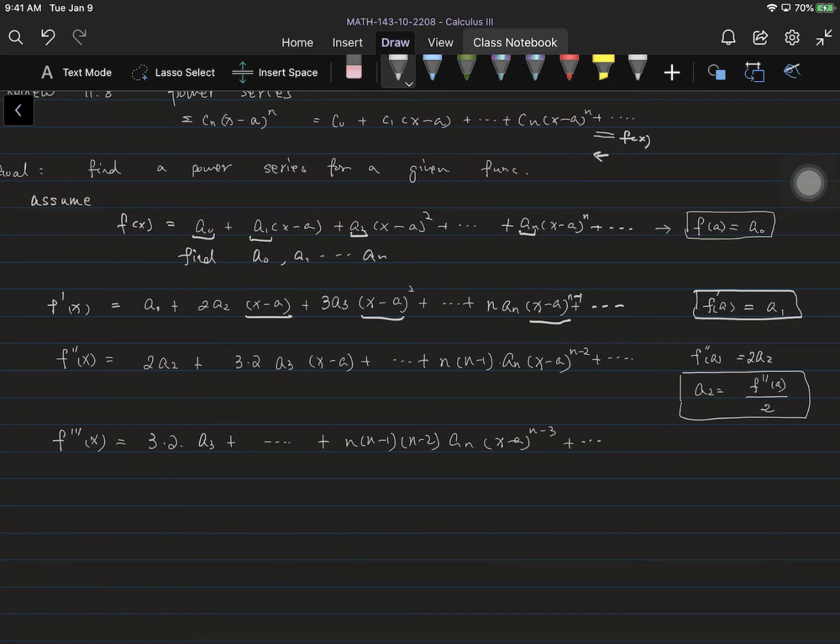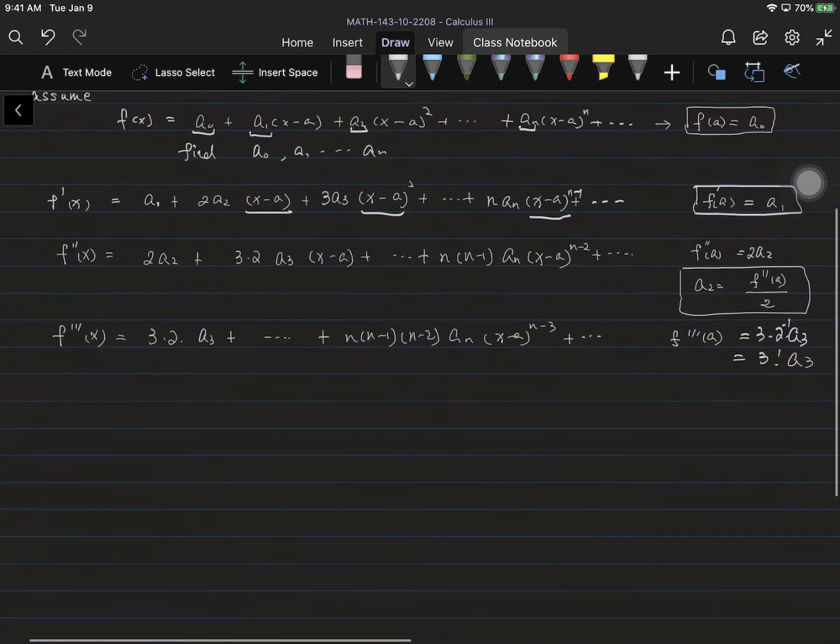Same thing, we make x equal a, and this equals 3 times 2 times a3. We can write this as 3 factorial times a3, right? So a3 equals f triple prime of a over 3 factorial. So actually, this is how we get the coefficient.